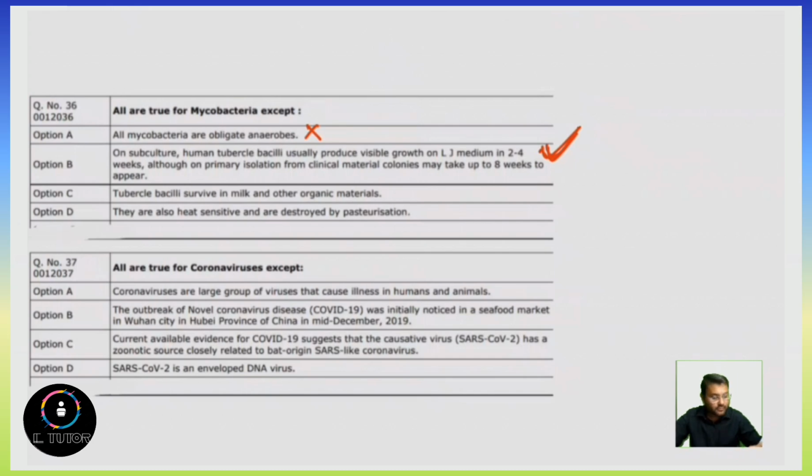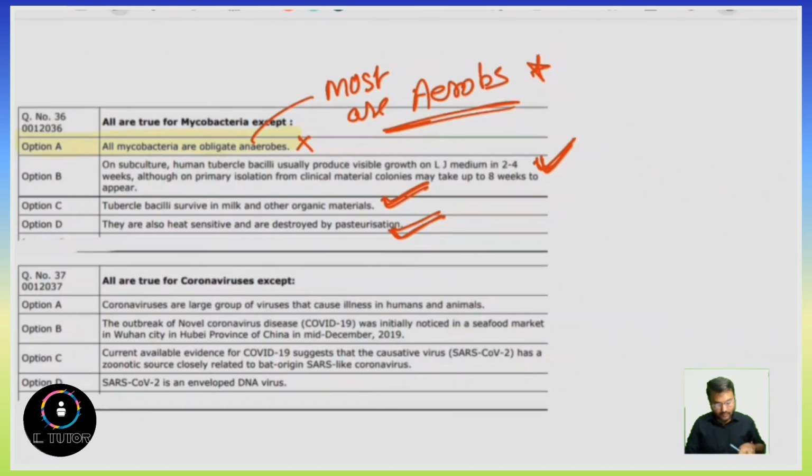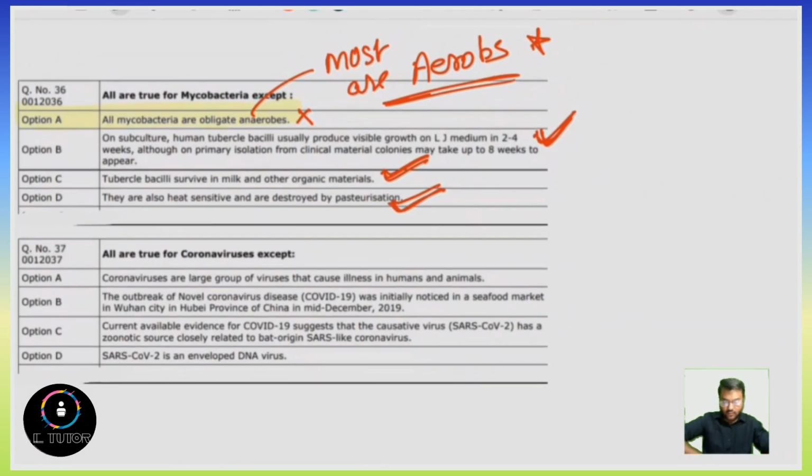This is also true. And they are heat sensitive and are destroyed by pasteurization. Yes, this is also true. So among the given options, option A will be wrong. All mycobacteria are not obligate anaerobes. Most are aerobes. So in the last question, the answer will be option A.